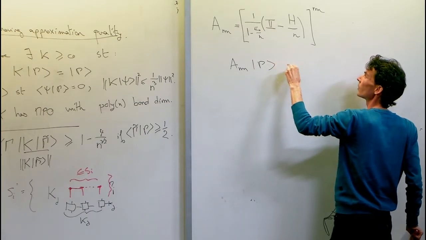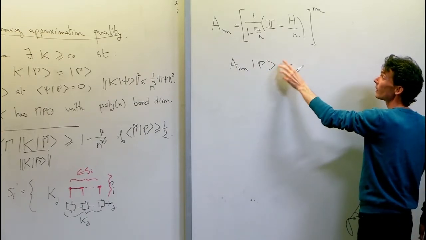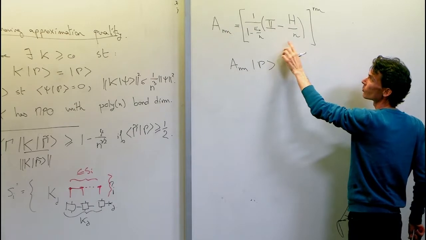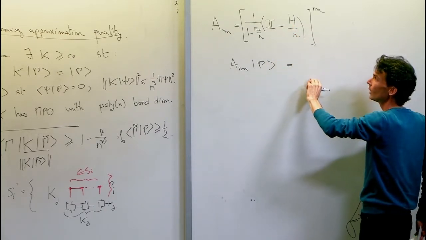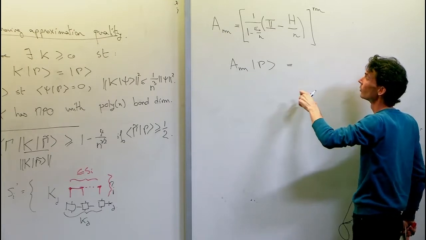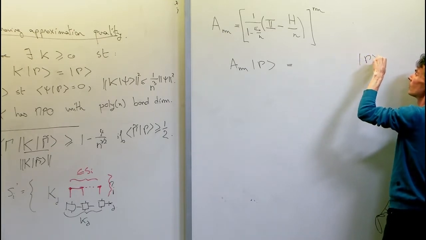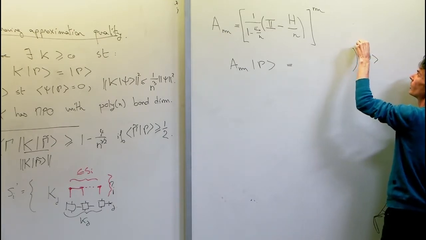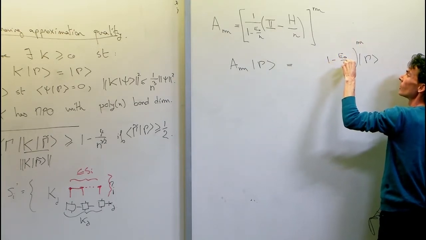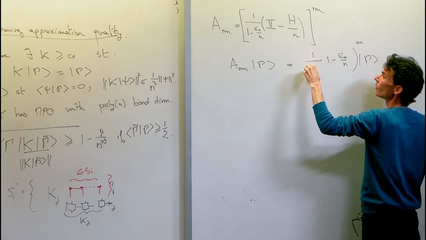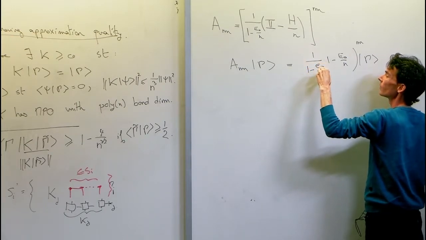Well, first, the ground state is going to be an eigenvector of this, because this is identity, it's an eigenvector of H, and that's the only thing I'm doing. So the only thing I have to do is compute the eigenvalue. The eigenvalue is going to be something raised to the m. Then I'll have 1 minus E0 over n, because it's the ground state, times 1 over 1 minus E0 over n.